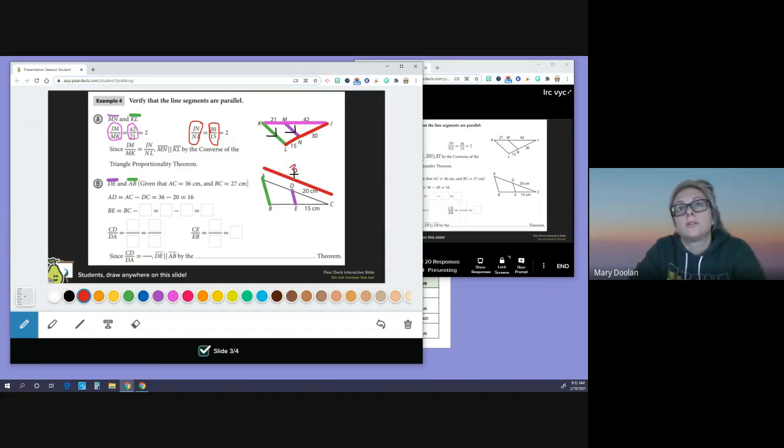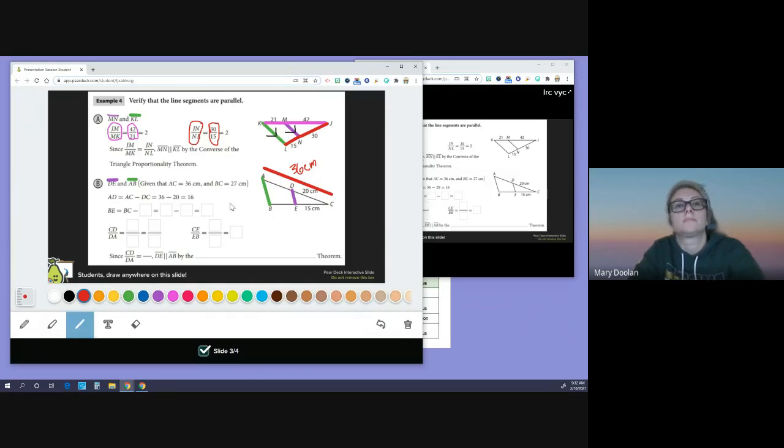We're going to have to do a little bit of figuring out to get the piece that we need. We need to know what this piece is here.